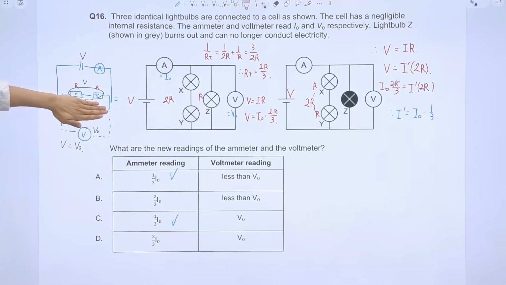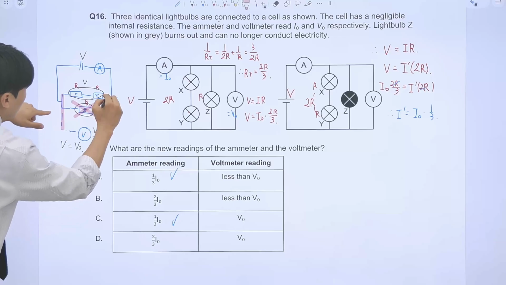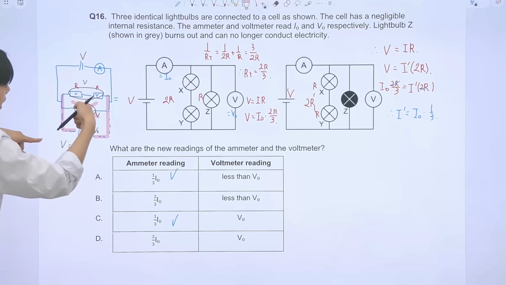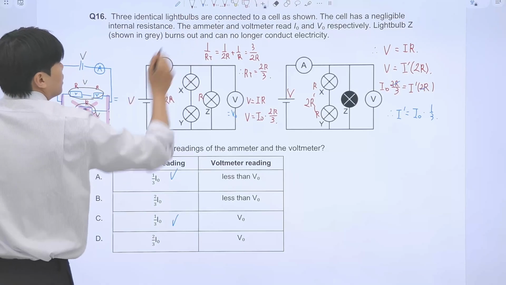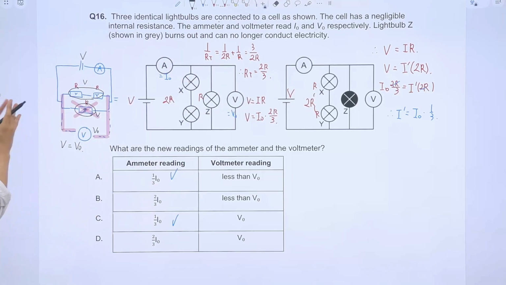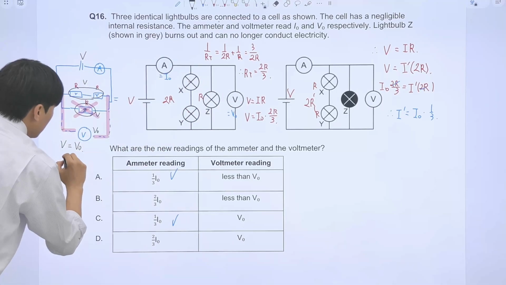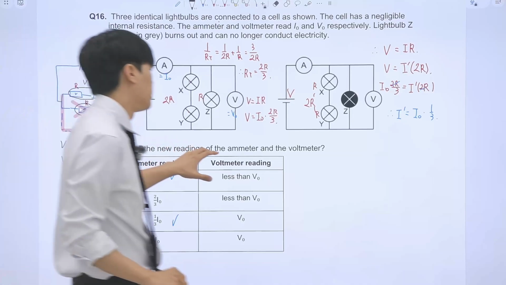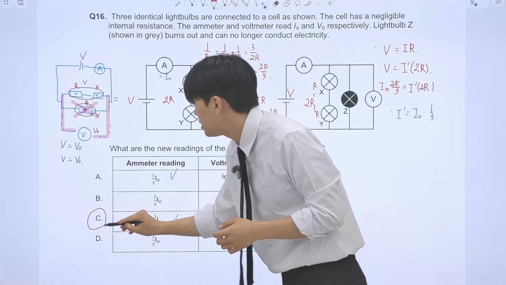Just think that it does not exist, but that potential difference is connected to this part here, right? But think about it: I said this part gets the same potential difference as the EMF, okay? So the second situation's potential difference reading must also be the same as V, which is essentially V0. So that means the voltmeter reading must be the same, okay? So that means C must be the correct one.